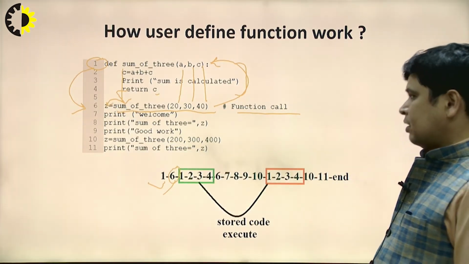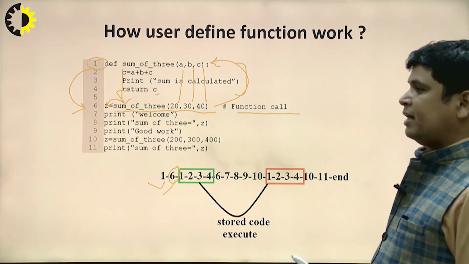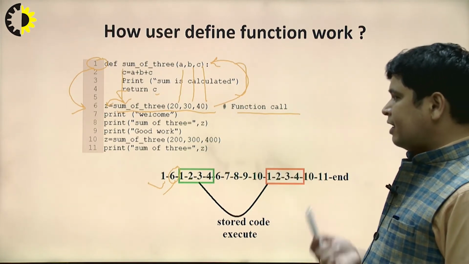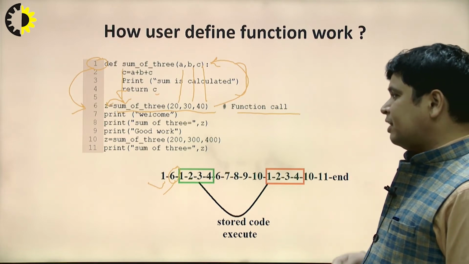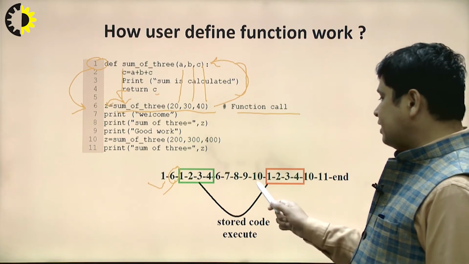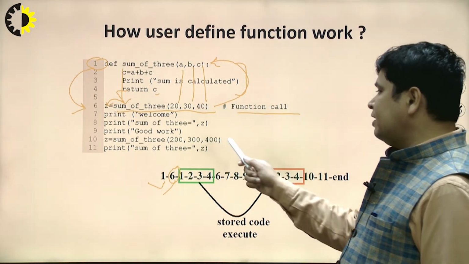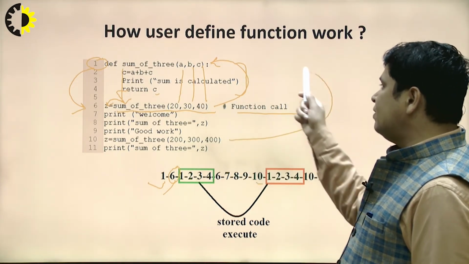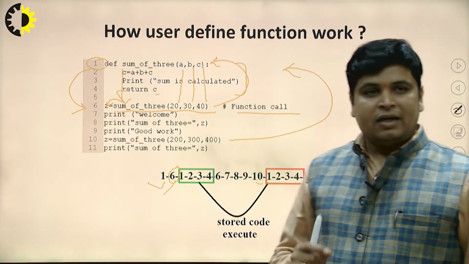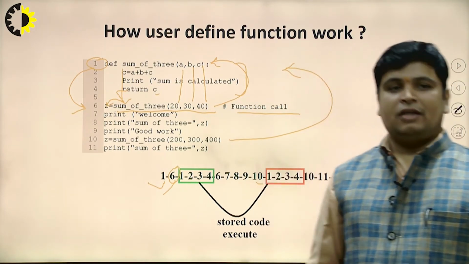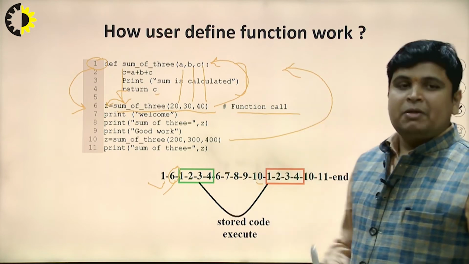Then the seventh line will be executed, then the 8th line, then the 9th line, and then again at the 10th line immediately some predefined code will be called. The predefined code name is sum_of_3. Again this procedure will be executed.